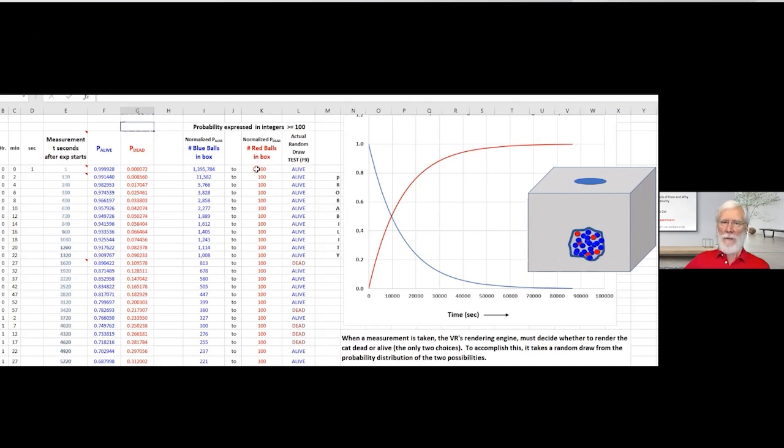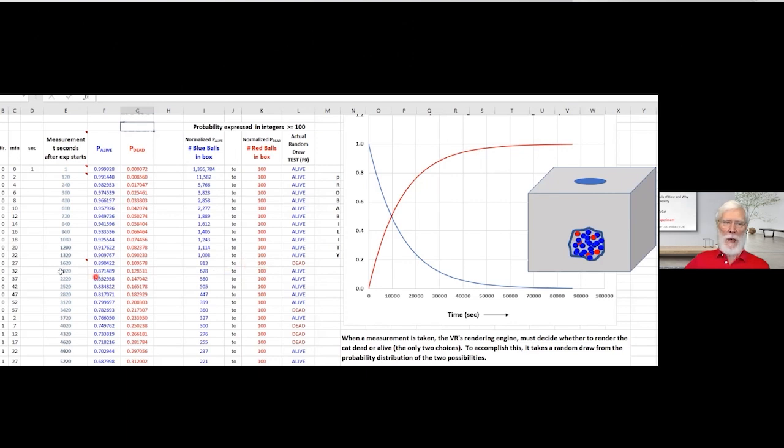So a random draw is almost always going to come up with a blue ball and an alive cat. And of course, we go down here to some other numbers, like here's one that's about 18.813 blue balls and only 100 red balls that were in the box.